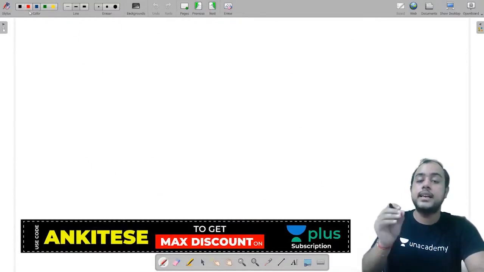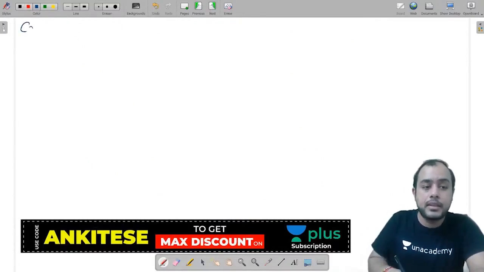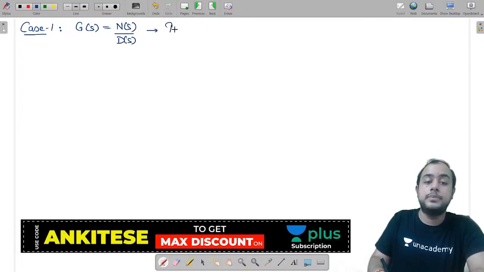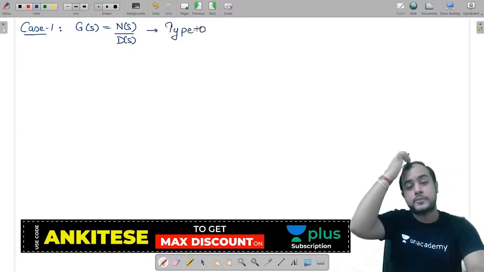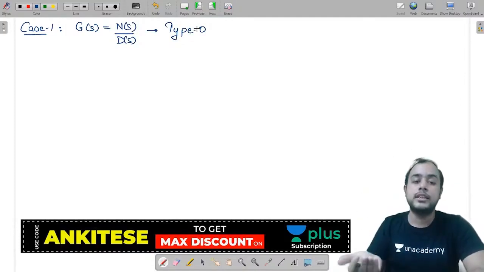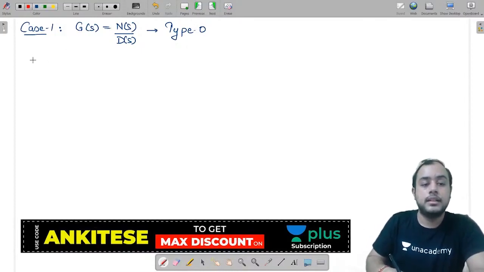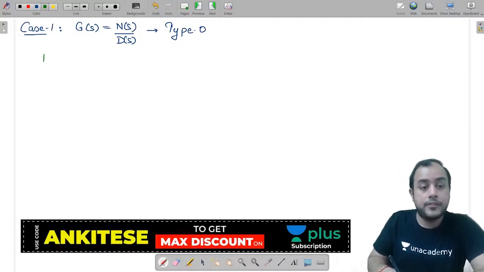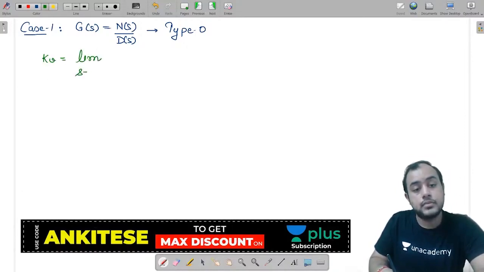Now, let us take the cases of different types. Case 1. This G(s), which is numerator by denominator, is type 0. I don't need to explain type 0 again, correct? Type 0 means 0 poles at origin. Now if I calculate Kv, it is limit s tending to 0 of sG(s).